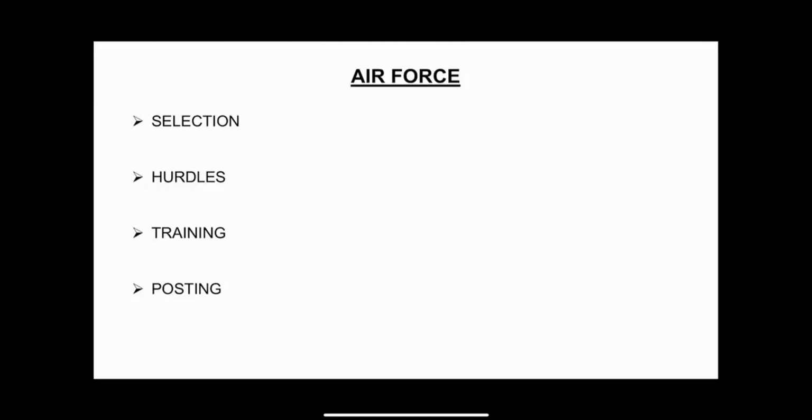I was told that I had to undergo some minor surgical procedure, and the note in my medical documents read permanently made unfit for armed forces. So looking at that, my mind went completely blank. After having put so much effort in reducing the weight and getting fit, the result came as unfit, that too permanently for all the armed forces.